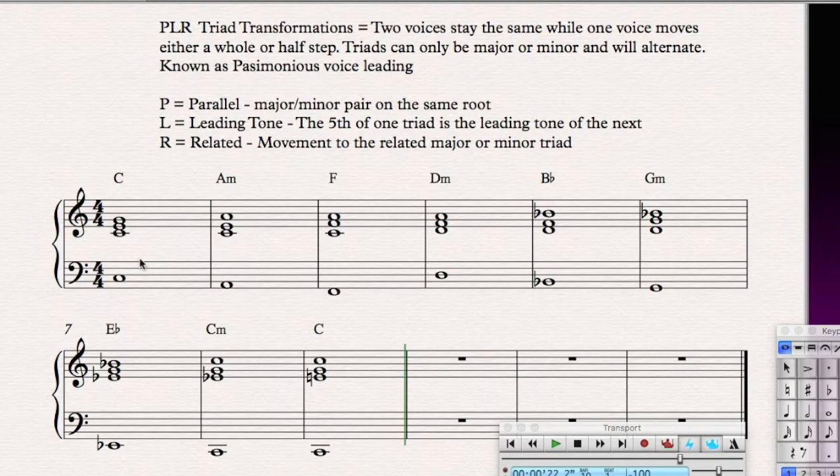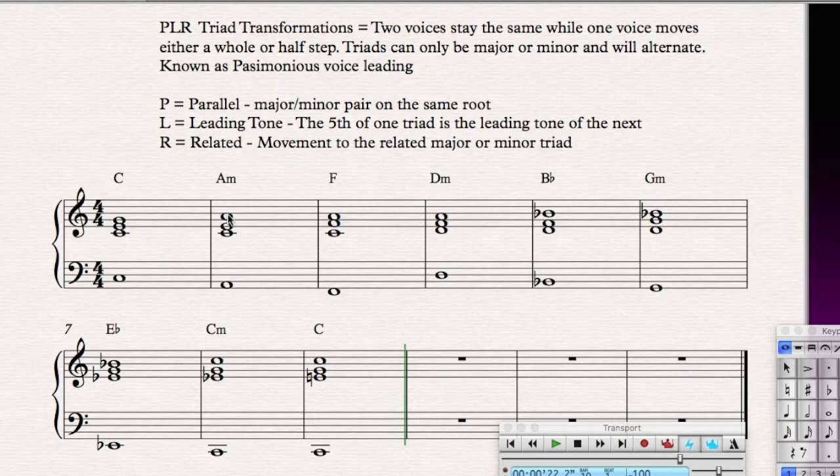Alright, let's roll over it again now that everything's done. Started with a C major, we retained two voices and moved the G up a whole step to A to create a related movement. C and A minor are related triads, major and minor triads.